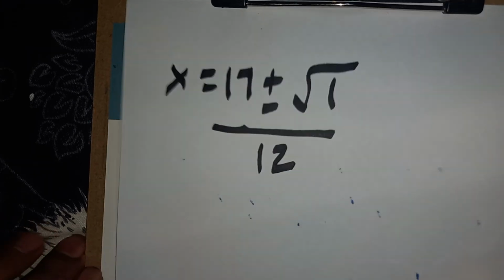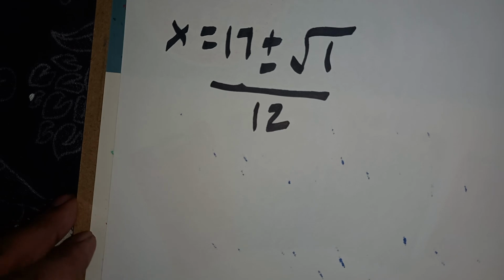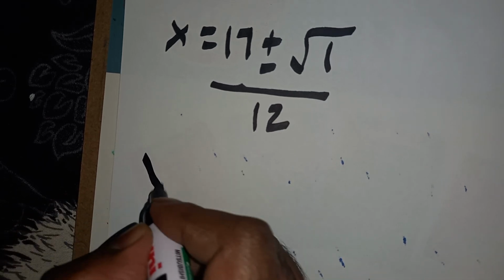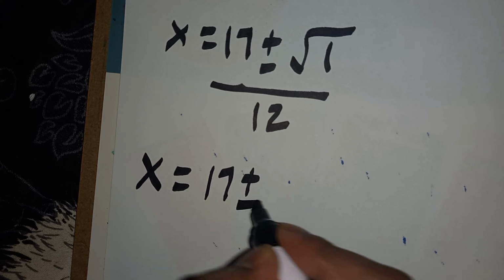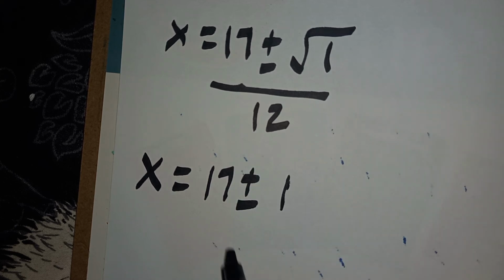Okay, so we are here now. Now things are simple, so we have x is equal to 17 plus or minus root of 1 is just 1, and then everything is divided by 12.